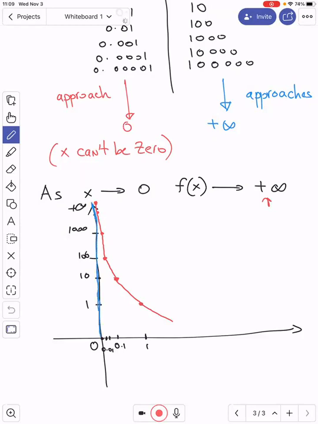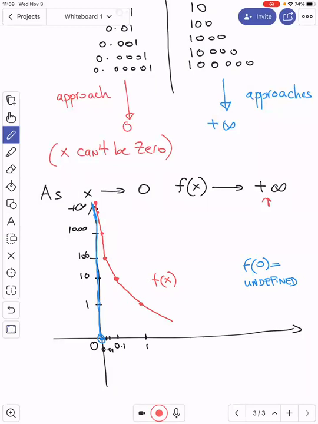The graph of f doesn't touch the y-axis, and the reason is that f of 0 is undefined. Remember, we said f of 0 is undefined, which means that if x is 0, there's no corresponding output. So the graph of f doesn't touch the y-axis.